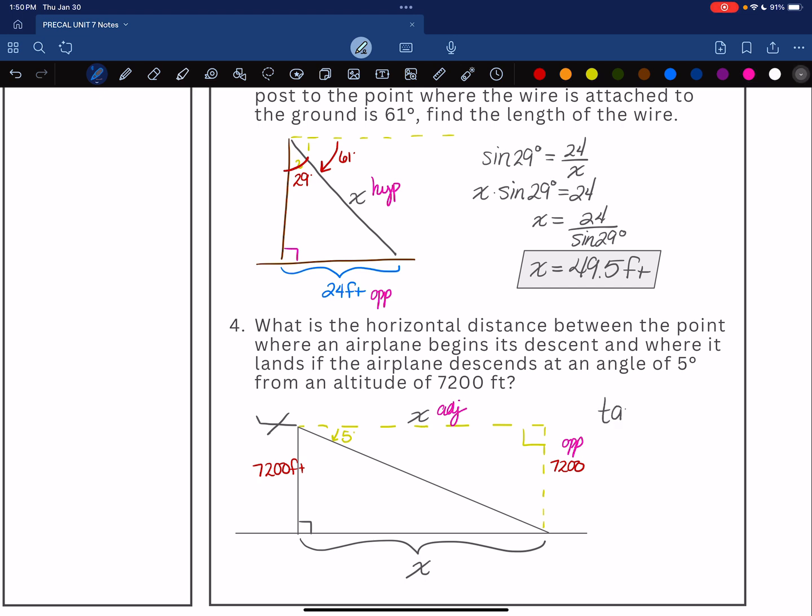So we're working with tangent of 5 degrees is 7,200 over our unknown. We're going to need to multiply each side by x and then divide by tangent of 5. And then we're ready to calculate it.